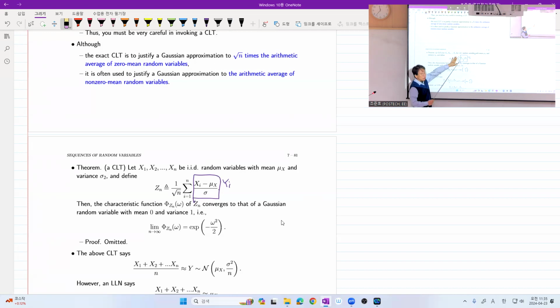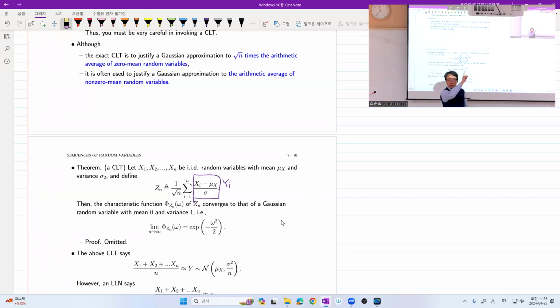But we are not interested in the arithmetic mean of y sub i. We are, a little bit strangely, interested in 1 over square root of n. Got it? So what you want to prove is that this G sub n sequence converges not to a number or deterministic random variable. See that?